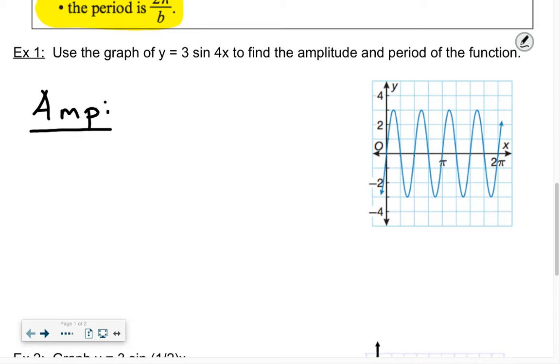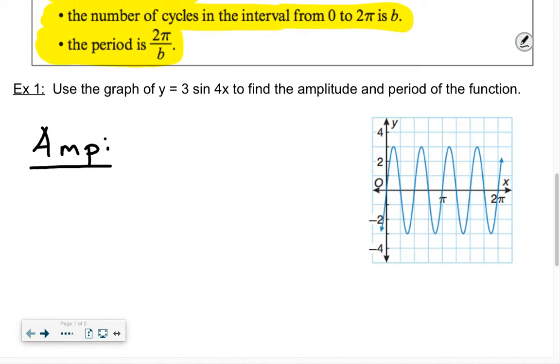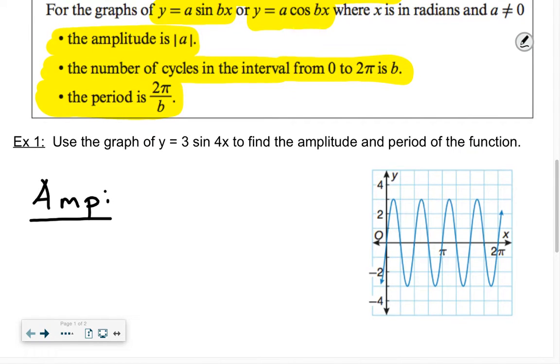So for example number 1, they're going to start off nice and easy. We're going to start by finding the amplitude of this function. If we go back to what our chart tells us, the amplitude is the absolute value of the a value. Which again, here's your form: y is equal to a sine of bx. A value is obviously 3, so the absolute value of 3 is 3.